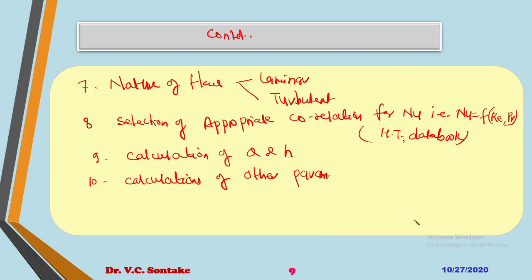Apart from Q and h, if other values are being asked, you can calculate those values as well. So these are the general steps involved while solving problems on forced convection, whether it is external flow or internal flow.